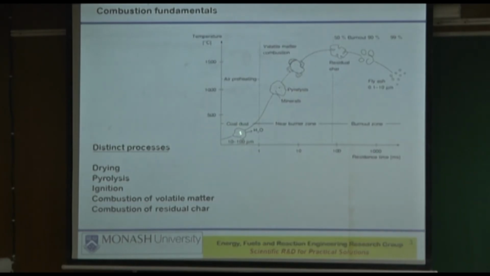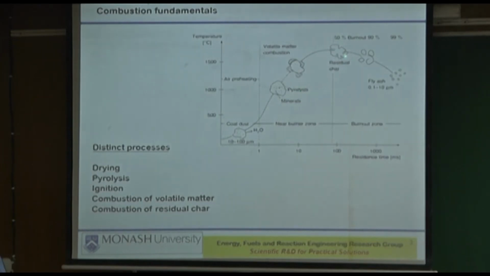So drying here is extremely fast because it's happening at a very high temperature. Devolatilization is also of the order of 100 milliseconds. So it's giving up its volatiles very, very quickly. At that point, what remains is the devolatilized, all the pyrolysis vapor gone, and the solid product, which we call char.